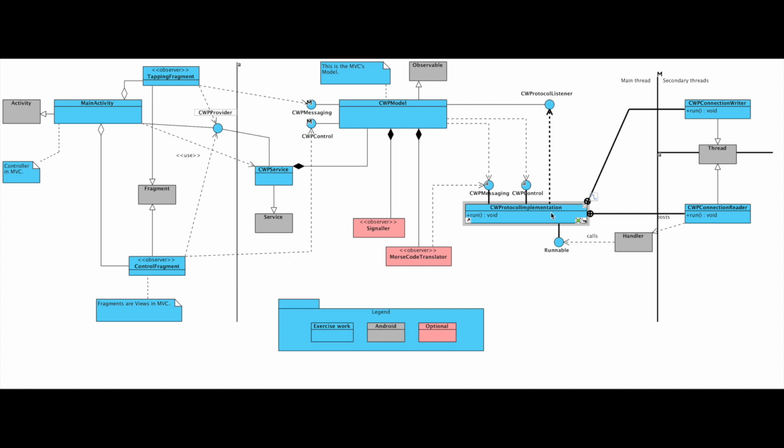Protocol implementation then notifies the model using this protocol listener callback interface, which will then notify all the observers that something relevant happened here. So this is the basic architecture.